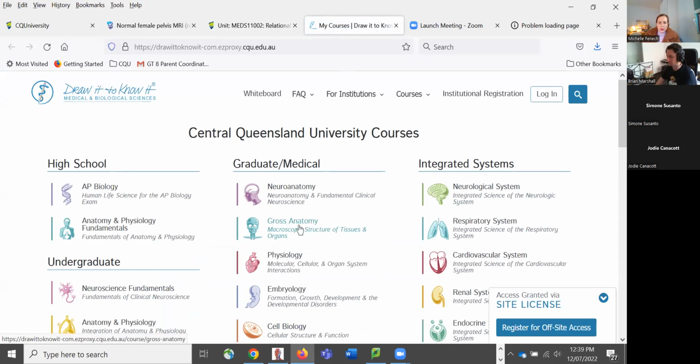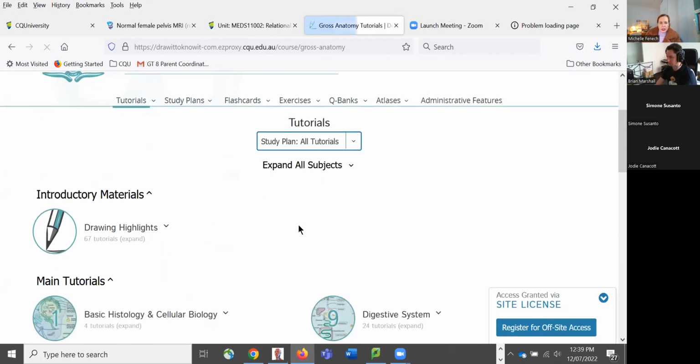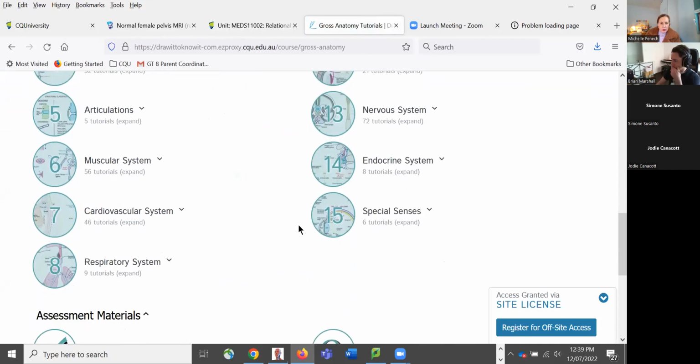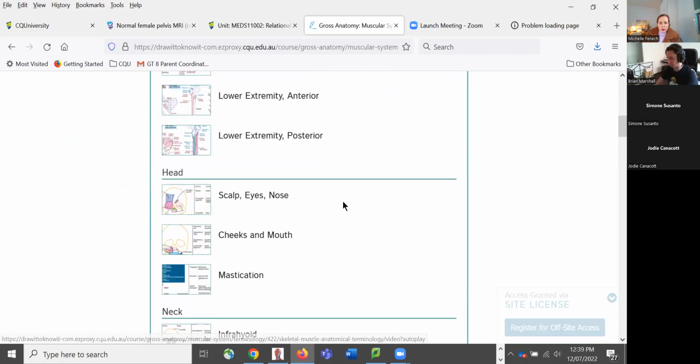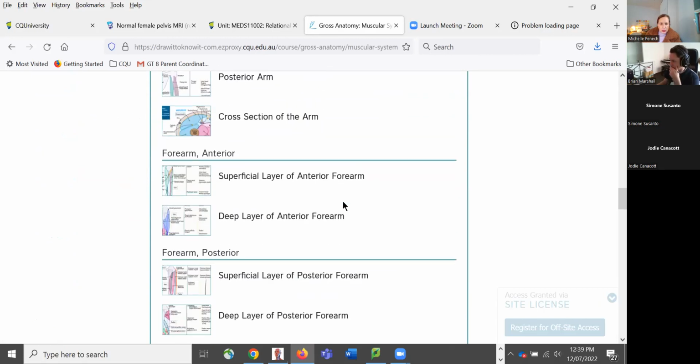You can either go into this gross anatomy and that would get, so we can click on that and it will get this pelvis up that I got. I think I probably would have gone into muscular system for that, where you're going to have your bones, I would have thought.